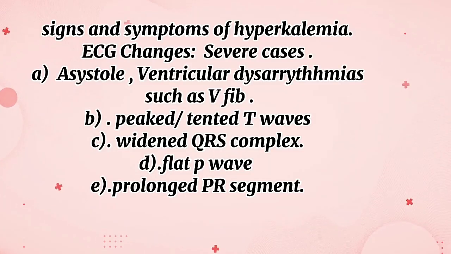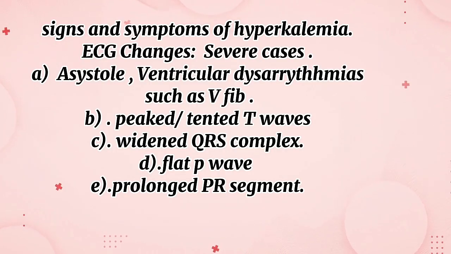And when you have this patient on an ECG monitor, this is electrocardiogram monitor, these are the signs you're going to see. In severe cases, the patient could go into asystole, even ventricular arrhythmia, such as ventricular fibrillation.